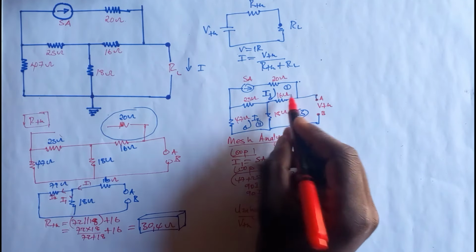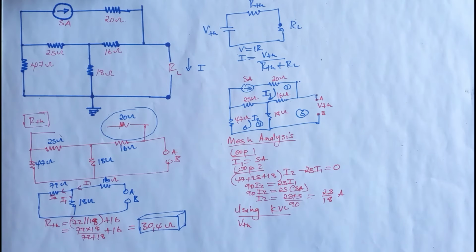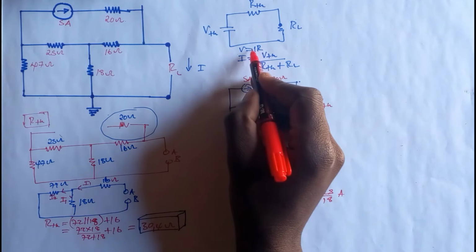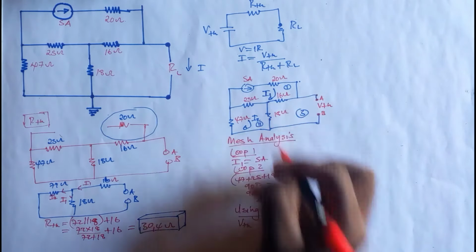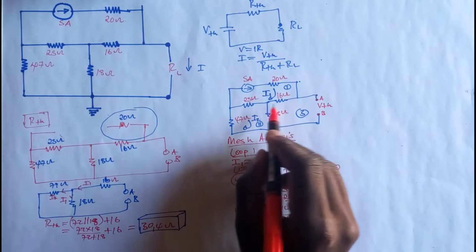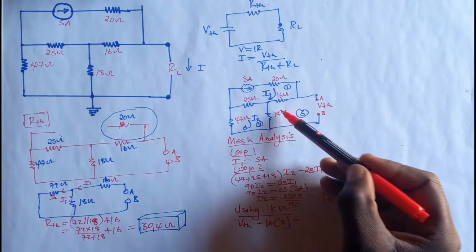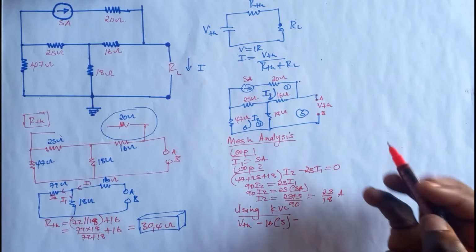What is the voltage here? We have the 16 ohm resistor and the current, and we know that voltage is equal to IR. So the voltage is going to be minus 16 times the current, which is 5 amps, the current in loop 1. We lose some voltage here too, and voltage equals IR.